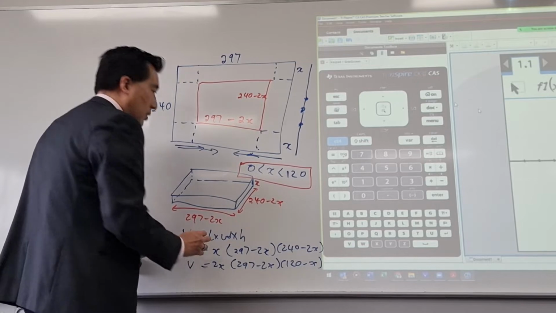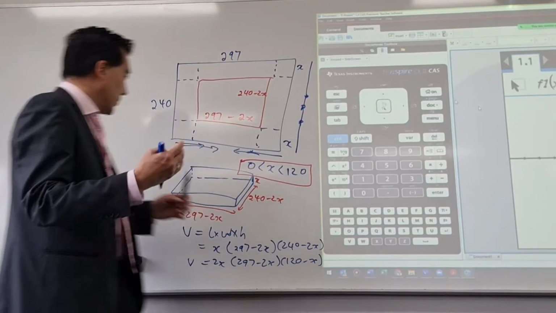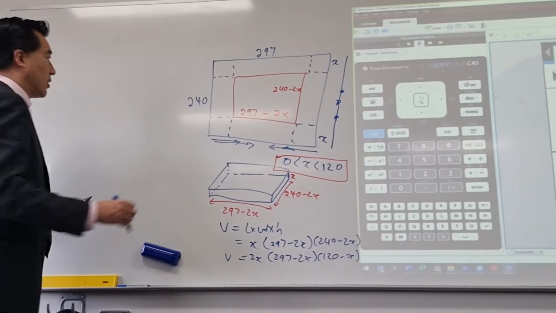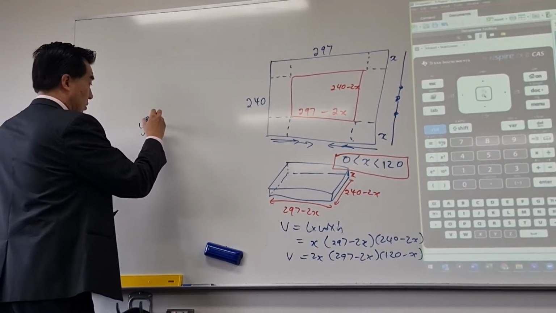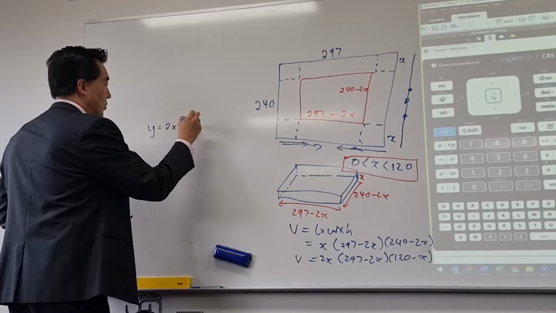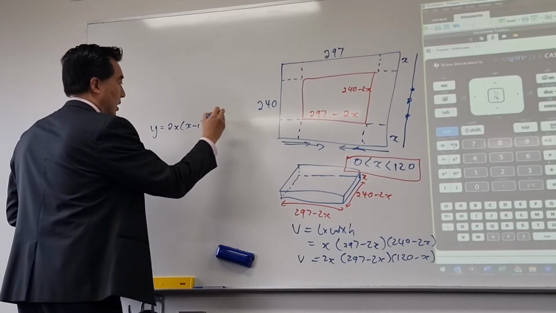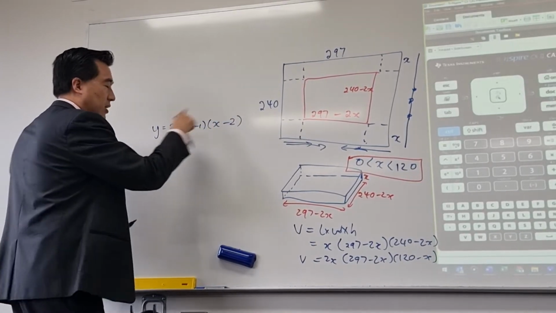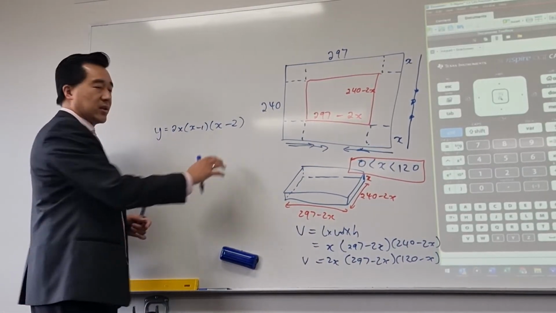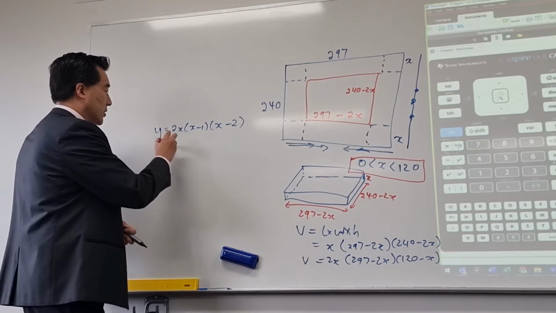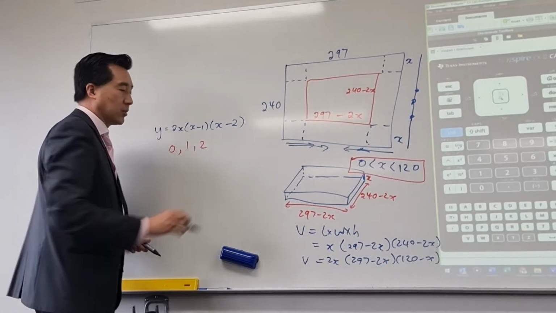That's your formula. Compare this, shift it a bit, to the standard equation of a cubic. So if you had y equals, we'll say, 2x and then x minus 1, x minus 2, which actually you can just write the other way around because the 2 negatives cancel anyway. What are the 3 x-intercepts for this? They would be 0, 1, and 2.